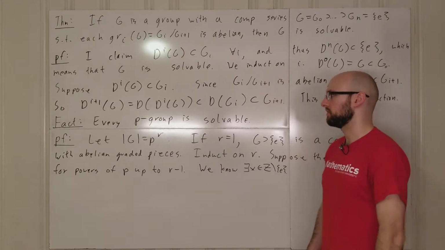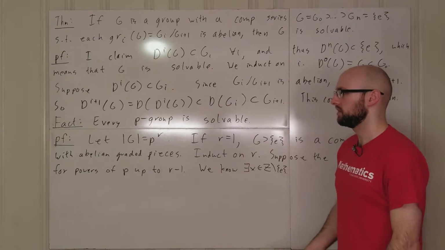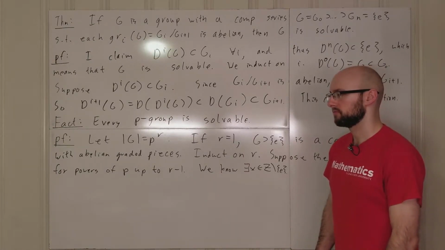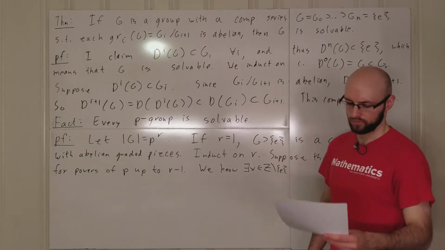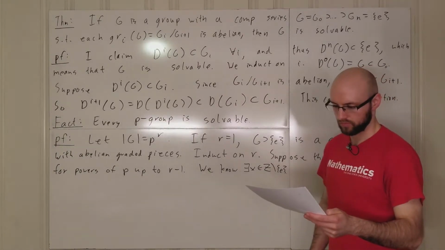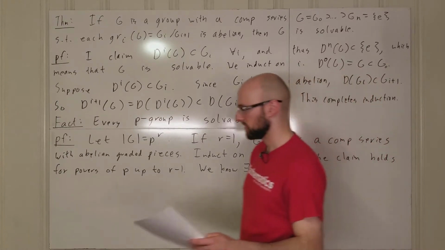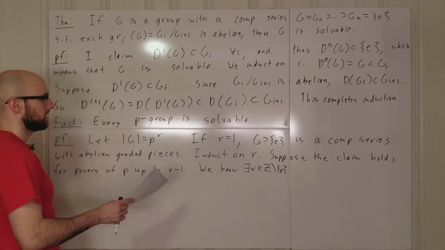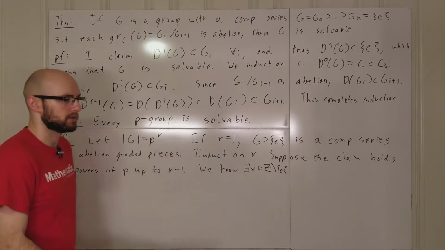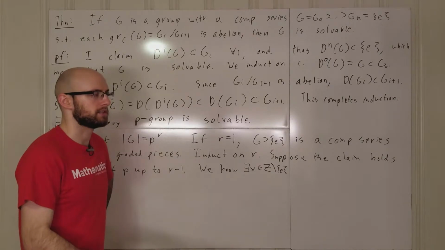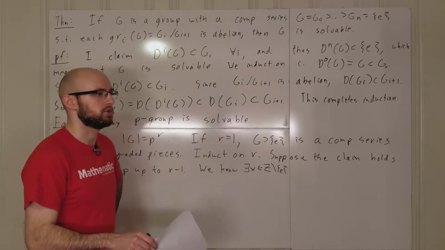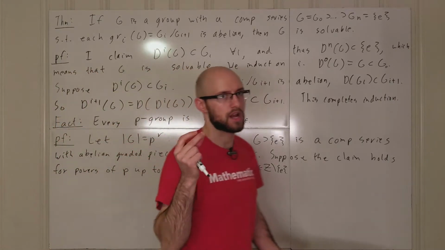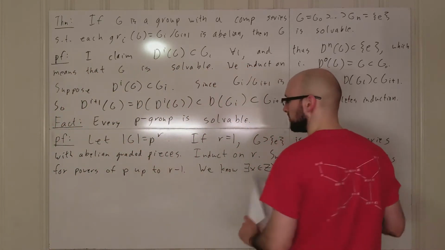Well, if you have a group of order p to the r, it's a fact that p-groups have to have non-trivial center, and if I haven't proven that at some point in this course, then it should not be too difficult to prove using stuff in this course. Or it's an obvious one-sentence proof and I'm blanking on it right now.